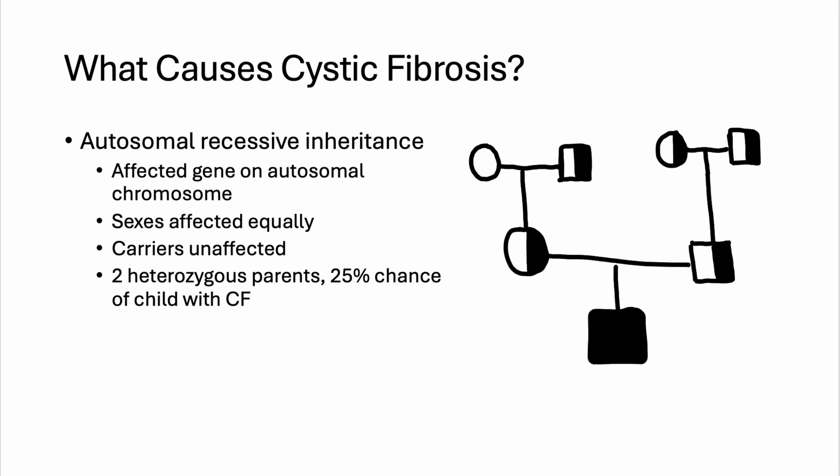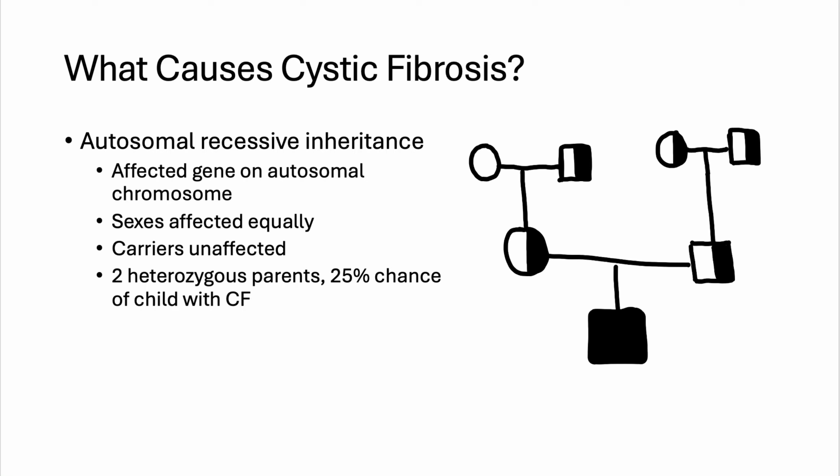As far as the causes of cystic fibrosis go, there really is only one, and it's that it's an inherited disorder. Specifically, you get it through an autosomal mode of inheritance, which means that you get it from your parents. This type of inheritance affects all sexes equally. So cystic fibrosis doesn't prioritize affecting males versus females.